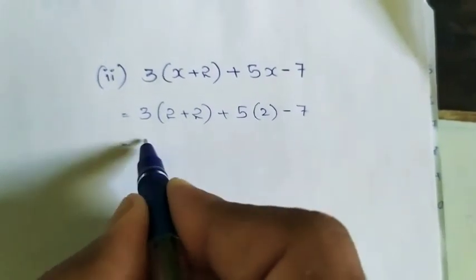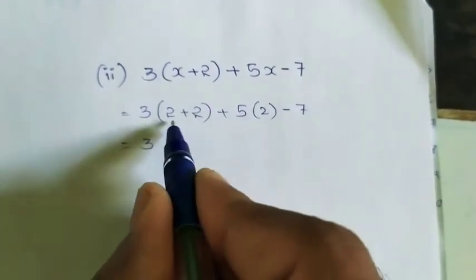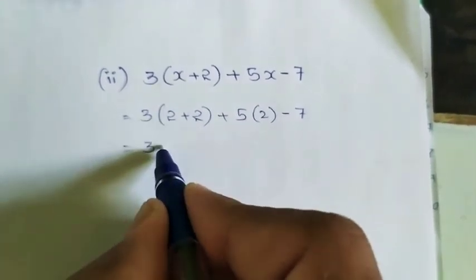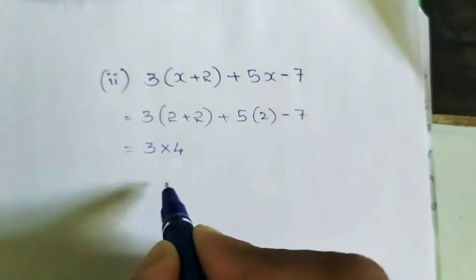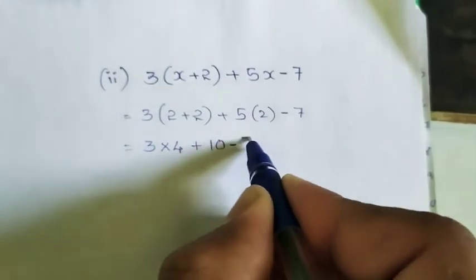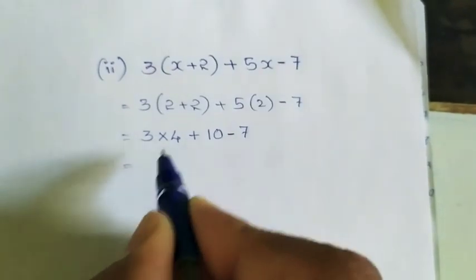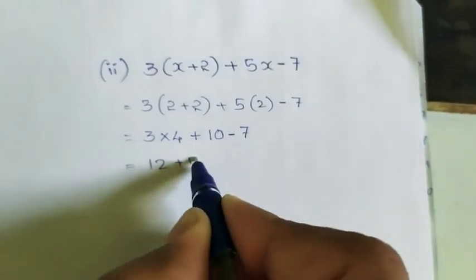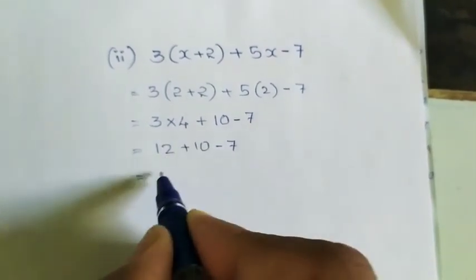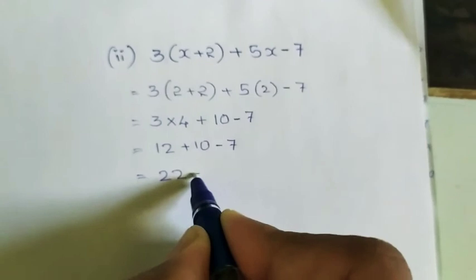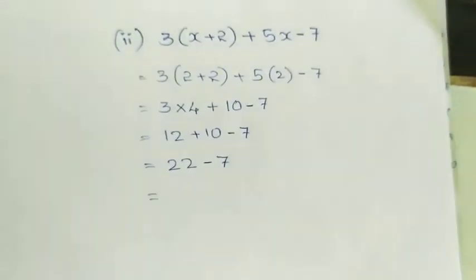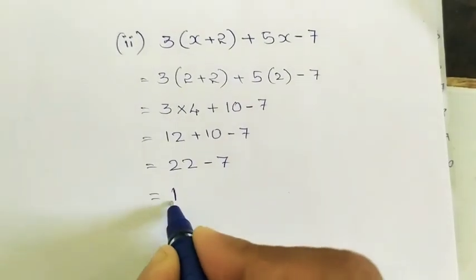So first open the bracket, means whatever there in bracket, you solve this. 2 plus 2 is 4, so bracket means it is 3 into 4, plus 5 2s are 10 minus 7. 3 4s are 12 plus 10 minus 7. So 12 plus 10 it will be 22 minus 7. So 22 minus 7, here we will get 15.